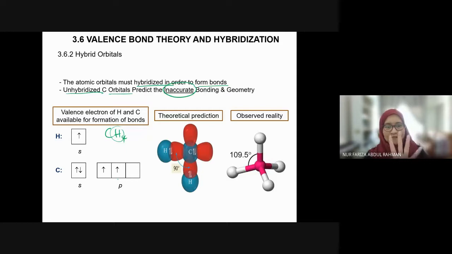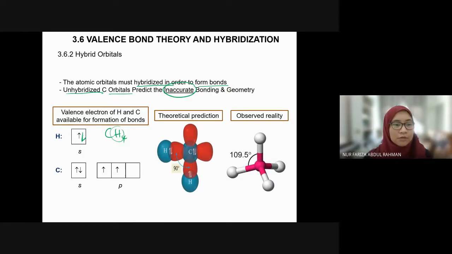Kenapa kena provide 4 unpaired electron? Because so that dia boleh share dengan 4 hydrogen. Logically speaking, betul tak? Kalau nak share, mestilah kena provide 1 electron each.